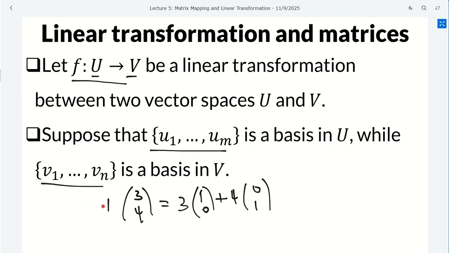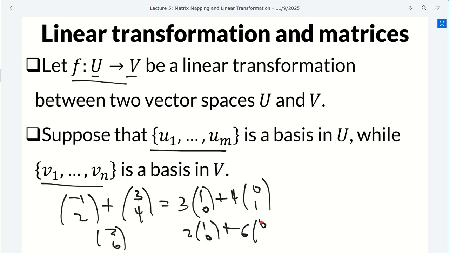Now if I add this to another vector, which is -1, 2, you are going to tell me the answer is 2, 6, right? Now this answer that I've gotten, which is the image of this, I can also construct using a base. Let's assume I want to use the same base: 2 times 1, 0, plus 6 times 0, 1. So that is what they are trying to say, that when mapping from U to V, we can use the individual basis to do the mapping.